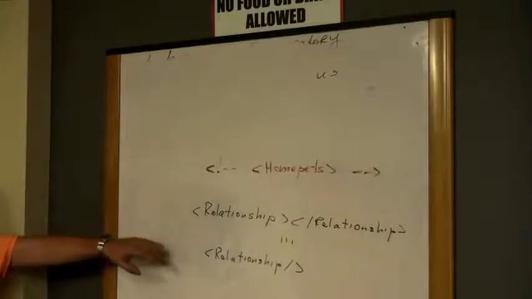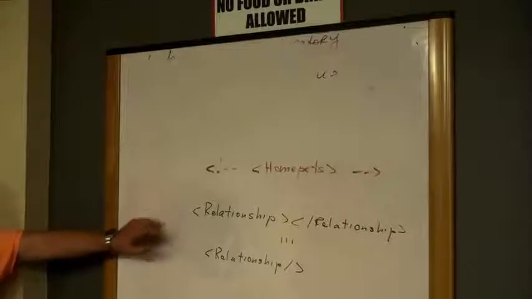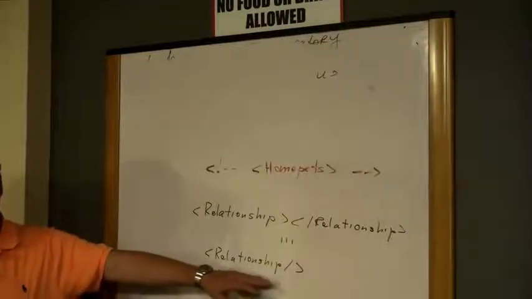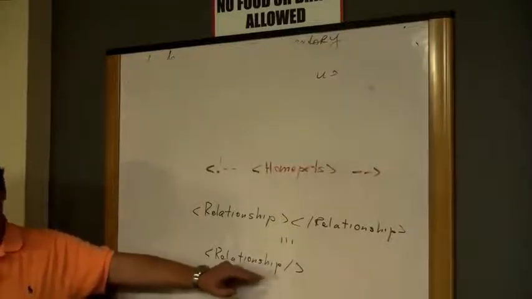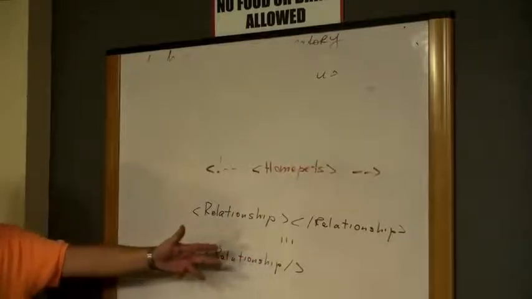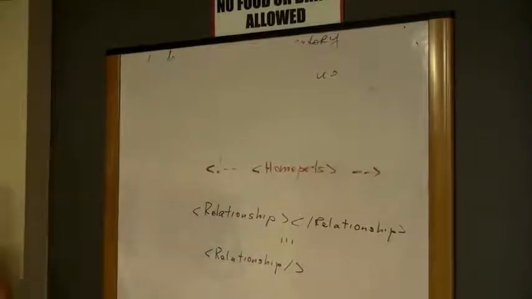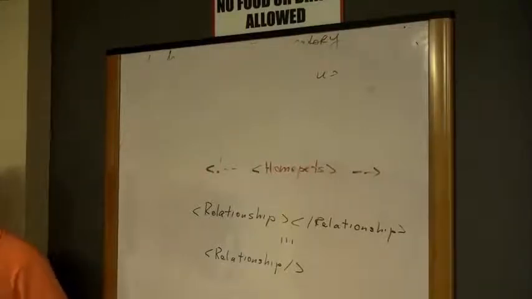Okay. So these two forms are equivalent, but mostly you will see this. If you're analyzing XML documents, you will see this form. Okay, because this is a shortcut form. It's easier. Yes. So what happens when the value is not specified? Looking at the document, it means that you are not related to that person, or a relationship cannot be established, or whatever meaning it is, but it's not specified.